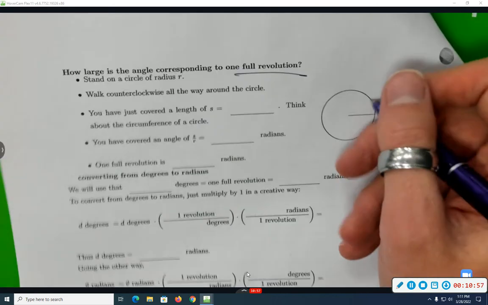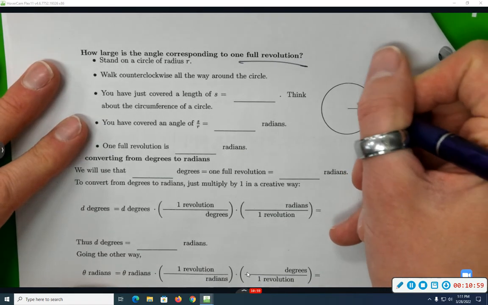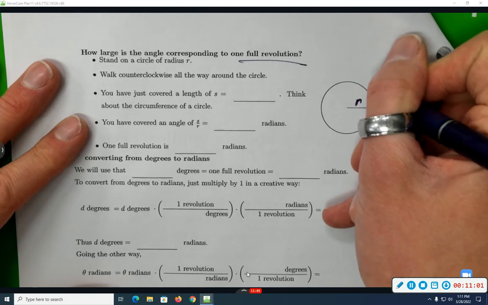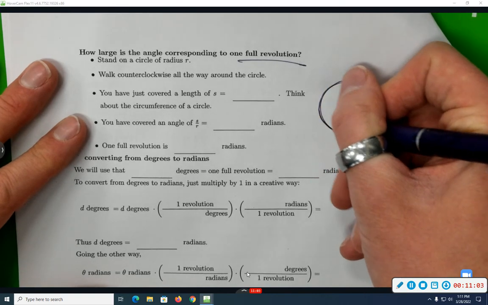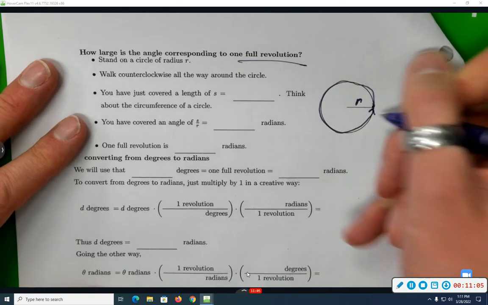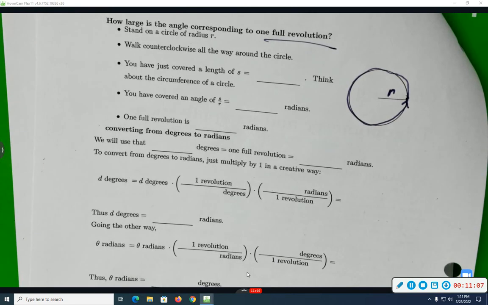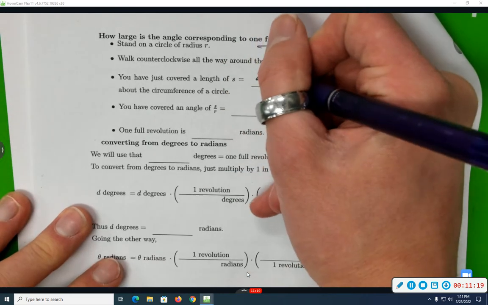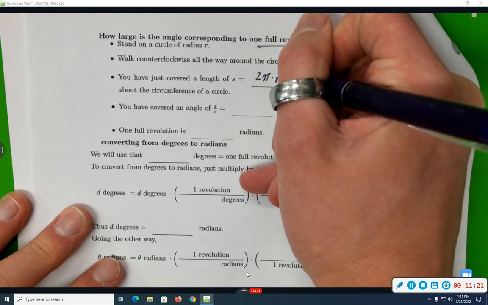You start at some point on a circle of radius r. You walk all the way around the circle. You would like to know how many radians that is. What's the formula for the circumference of a circle? 2 pi r. So the arc length of this is 2 pi times the radius.